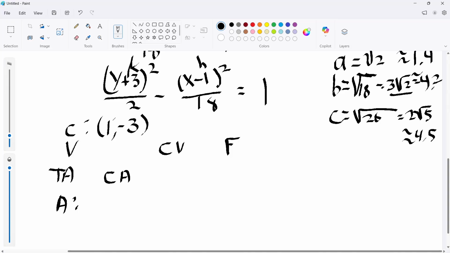Aha. The vertices are going to be A above and below. So it's going to be 1, comma, -3 plus or minus square root of 2.